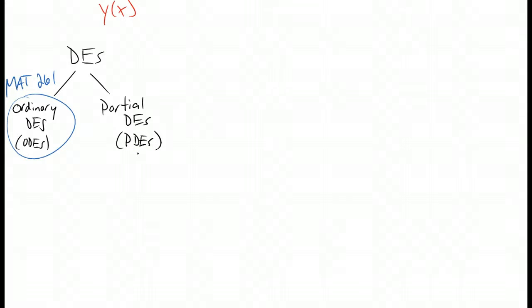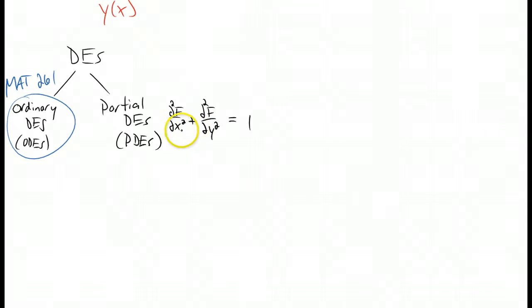In the future, you may choose to take a partial differential equations class. I'll just give you a 30-second rundown of what this means. A partial derivative, I believe you hopefully remember, looks something like that. The only reason you would ever use a partial derivative is if you have more than one independent variable.